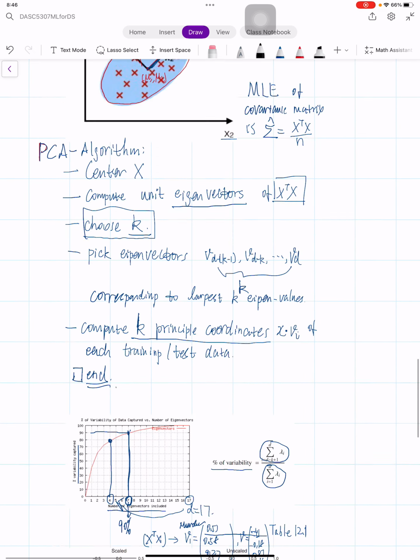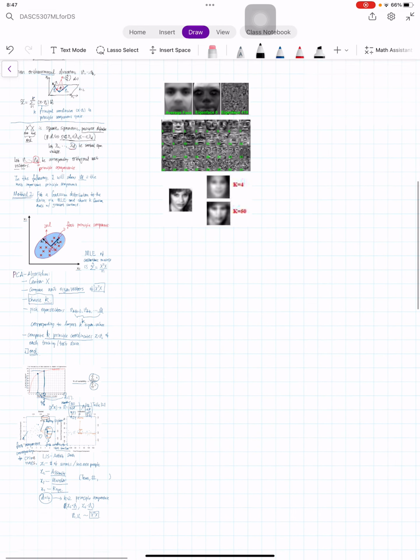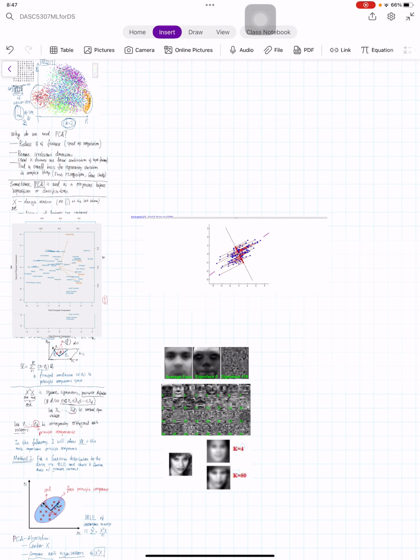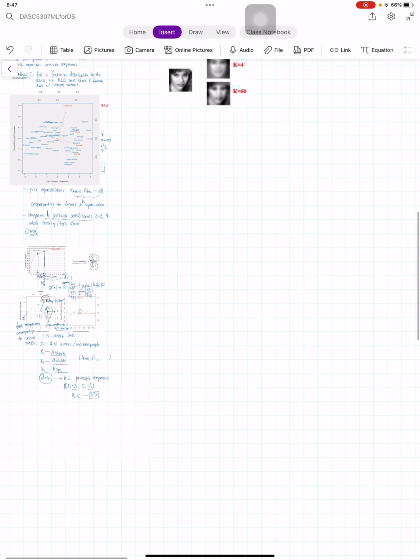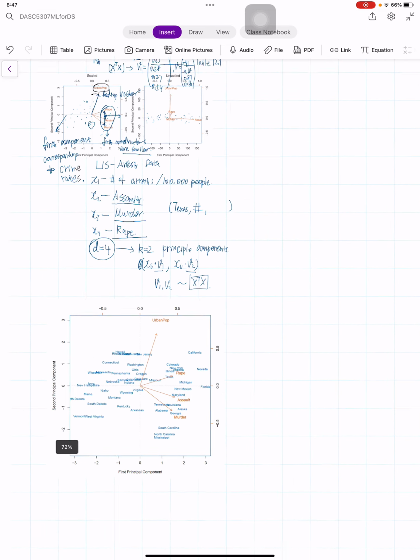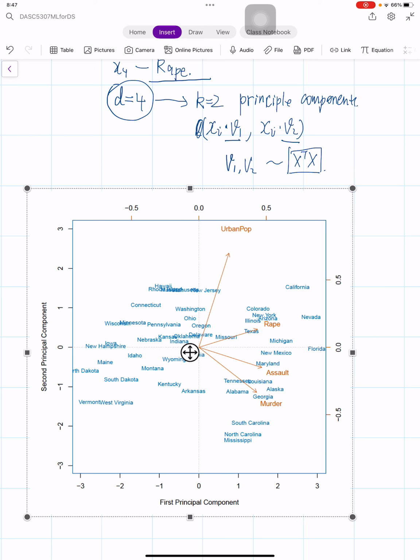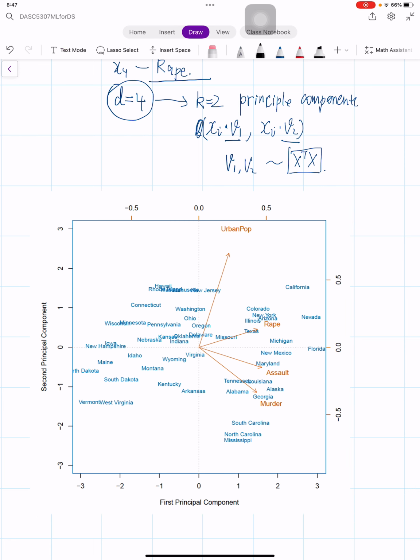Now we have this plot here, and I want to show you this plot too. If we take a close look at California, Nevada, and Florida, these three states have the largest first component.